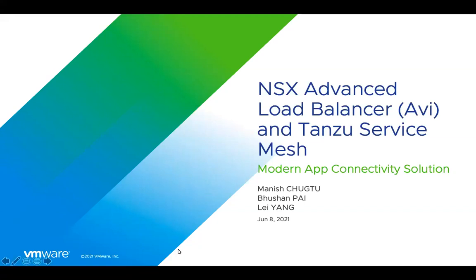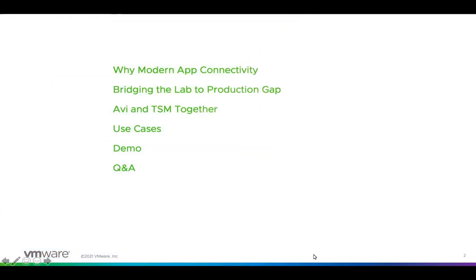As you get familiar with our voices, this is a quick agenda for what to expect today. First, I'm going to kick off with a little background on why this modern app connectivity solution came around, because we talk to a lot of partners and customers directly, and we see that when they are modernizing their infrastructure as well as applications, they run into a set of challenges, and I'll go through that.